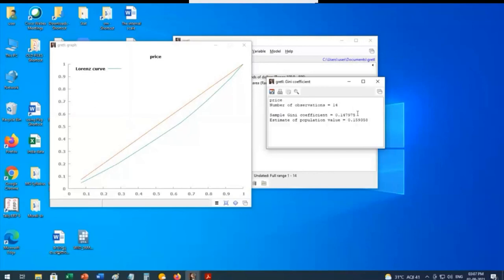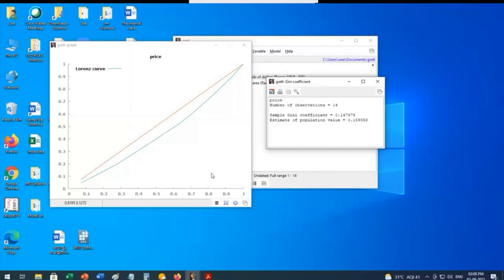This red line is called the line of equality, that is, there is no inequality at all. The farther this green line is from the red line, the more the inequality increases. So just with one click, we get the Lorenz curve and the Gini coefficient. And this Lorenz curve we can also copy and paste onto Word.